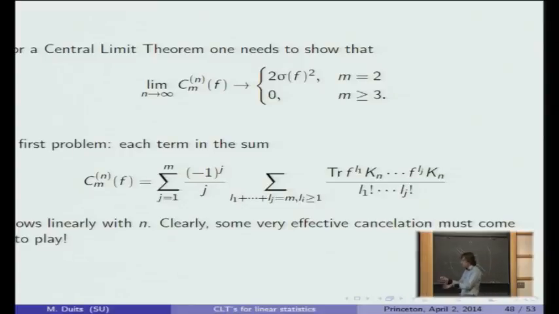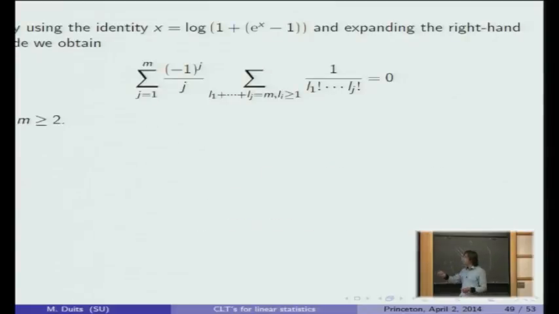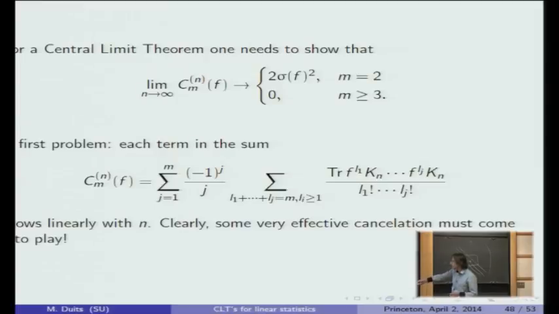So a central limit theorem is actually essentially the result of a very subtle cancellation here, right? Because you have these terms growing linearly with n, and then you have this minus 1 to the j. So that's what you need to capture. Right? So the first trick we did: here you have this ugly sum, and then you have this trace of this operator.